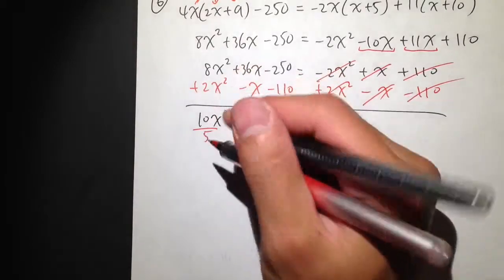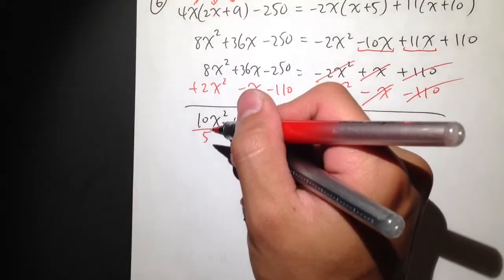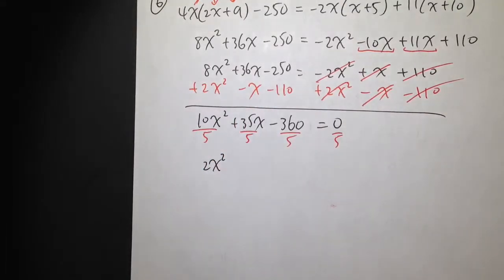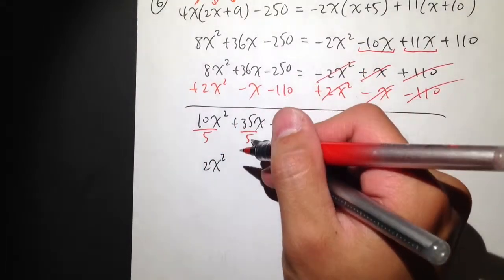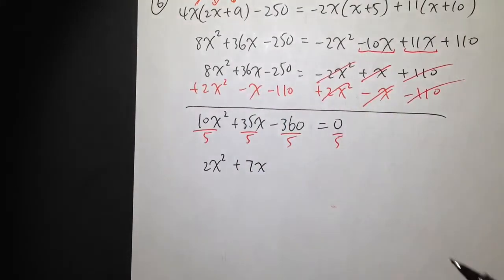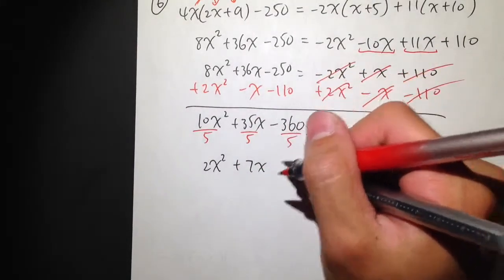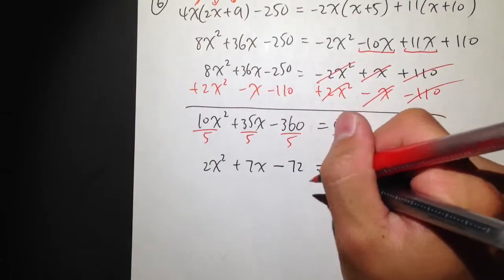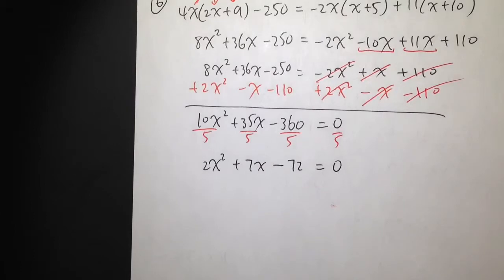So that I will be able to reduce the 10x squared to become just a 2x squared. And then right here, 35 divided by 5, I will be able to reduce that to 7x. 360 over 5, I will be able to say that's minus 72, equals to 0.